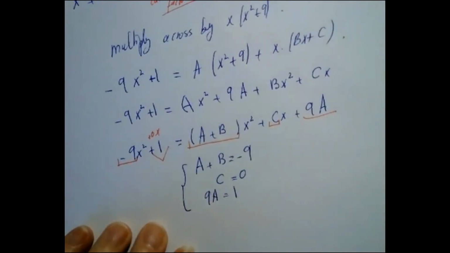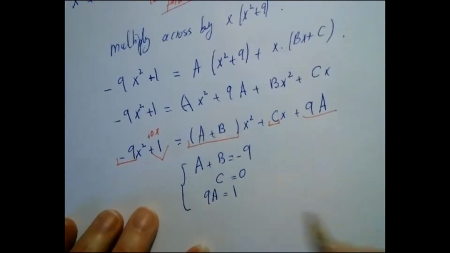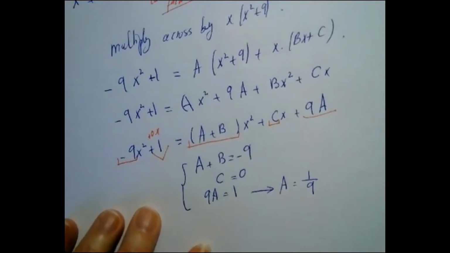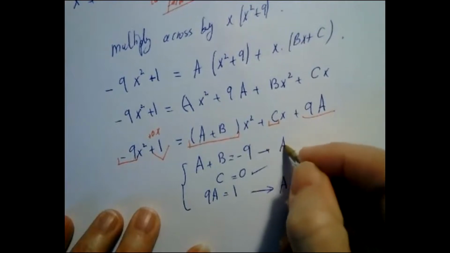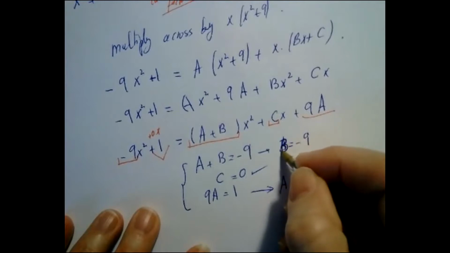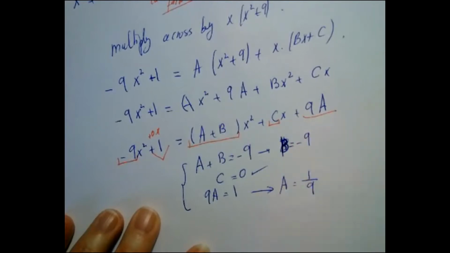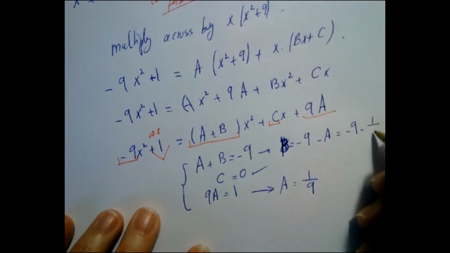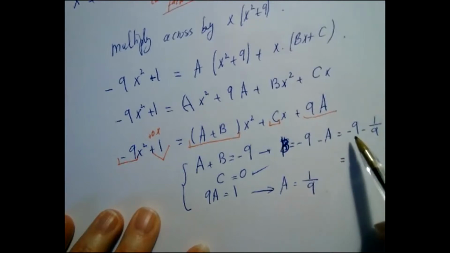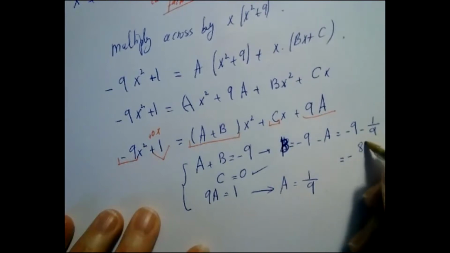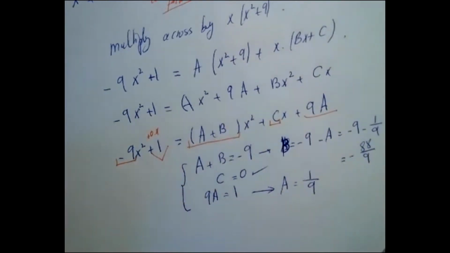So it's fairly simple to find A, B, C. So we write down here, I get A equal 1 over 9, C equal to 0, and the first one gives me, sorry, we need B. We have A already. B equal minus 9 minus A means minus 9 minus 1 over 9. Common denominator 9: minus 81 minus 1, that's minus 82 divided by 9.